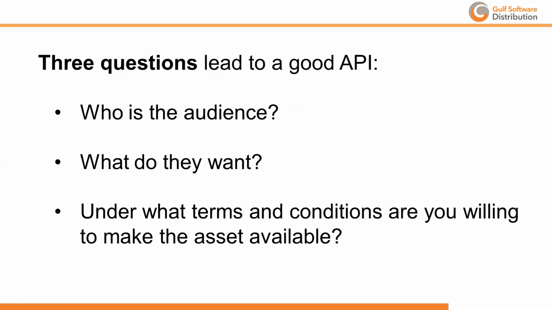Who's the basic audience? What are their business benefits of using your APIs? Once that has been identified, you expose those APIs, and then you decide upon the terms and conditions under which you are willing to make those assets available.